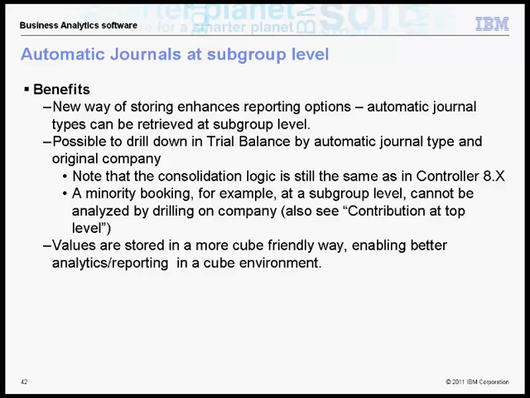Therefore, you can drill down on the trial balance, for example, by the automatic journal type and see how the numbers are broken down between what's been loaded and what's been eliminated using, for example, minorities or investment eliminations. The byproduct is that the data is much more cube-friendly because you're not doing this strange transformation of going from detail to summary. It stays at the detail level, and that makes sense from a cube perspective as well.